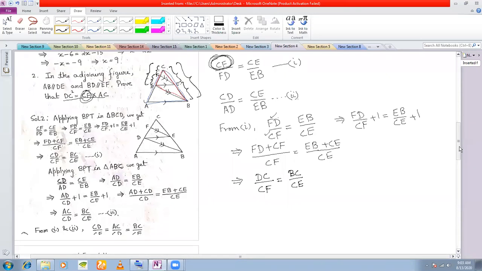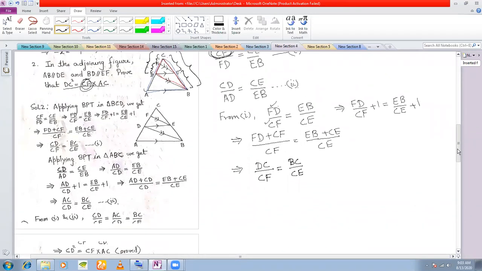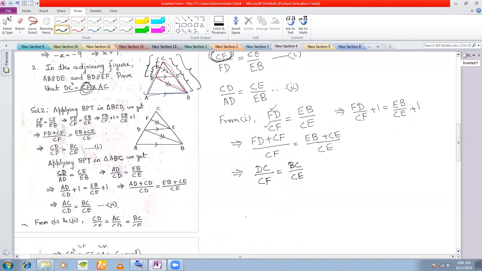Okay, next, from 2 you have CD by AD is equal to CE by EB, or take the inverse ratio here also. Why do I take the inverse ratio here also?